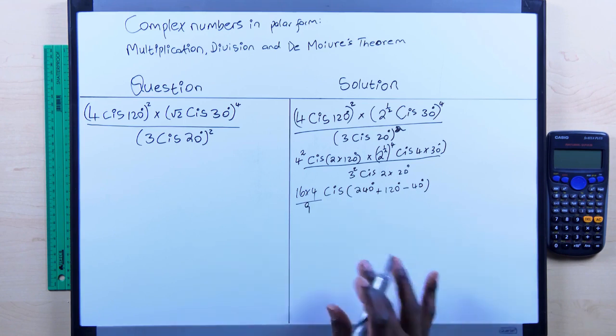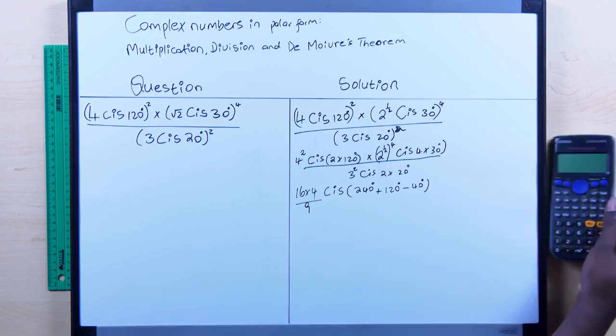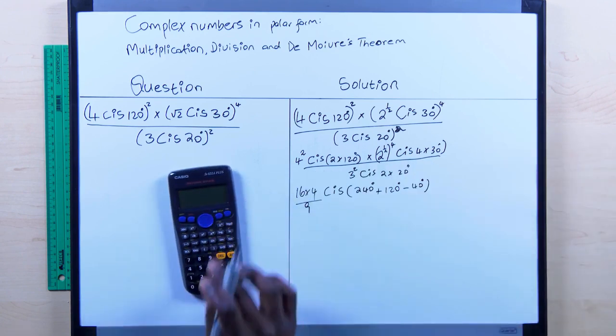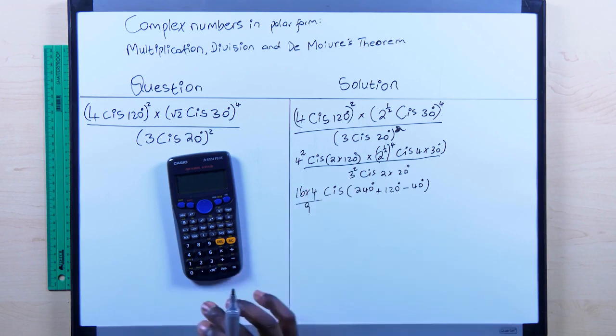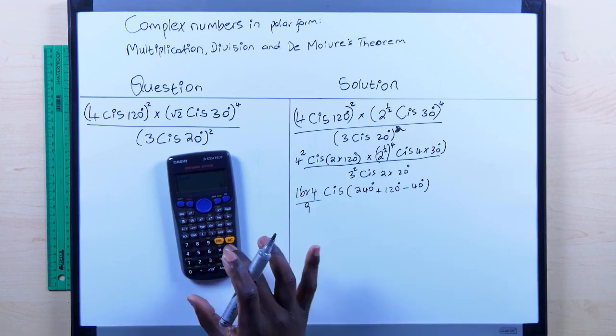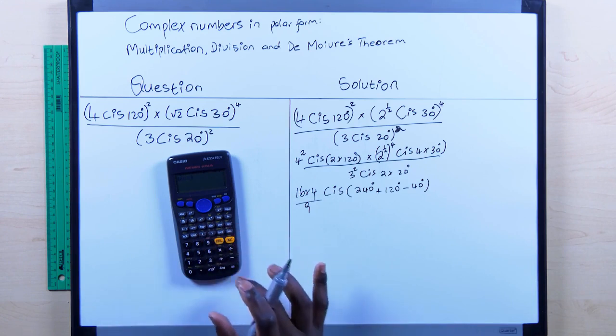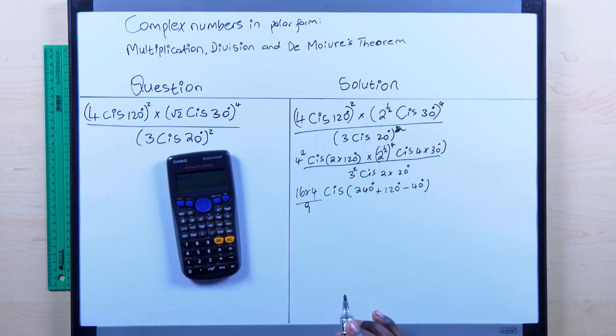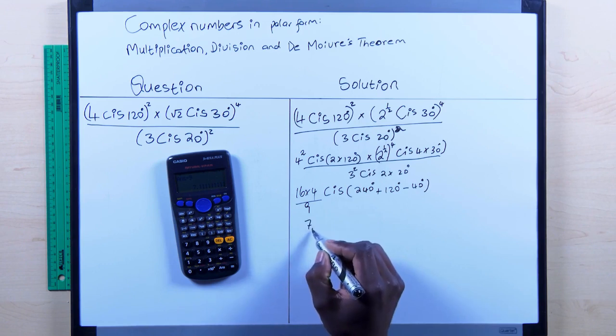It's a matter of simplifying this now. We can straight away from our calculator get this. 16 times 4 gets you 64, divided by 9 gets you 7.11.